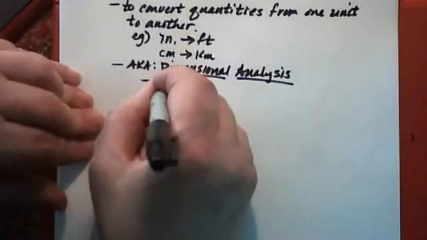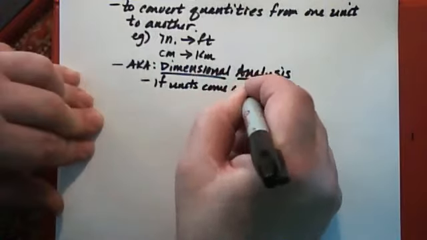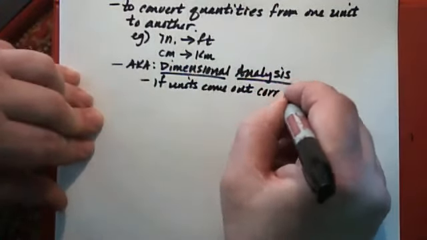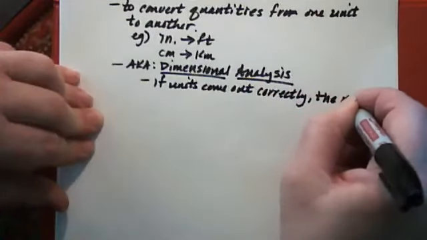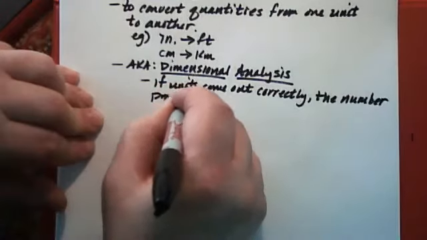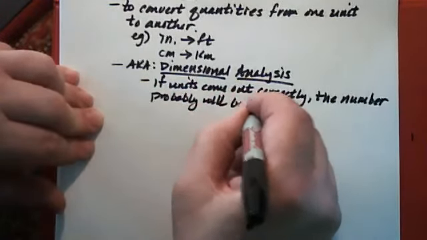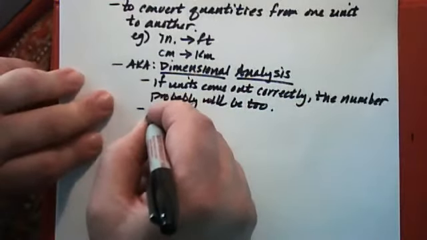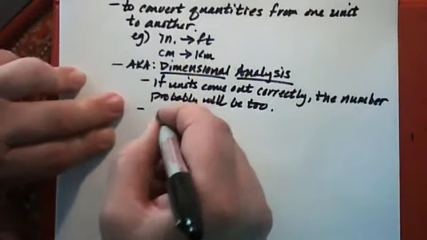The fact is, if you set it up so that the units come out correctly, the number probably will be correct also. And remember that units multiply and divide just like numbers.